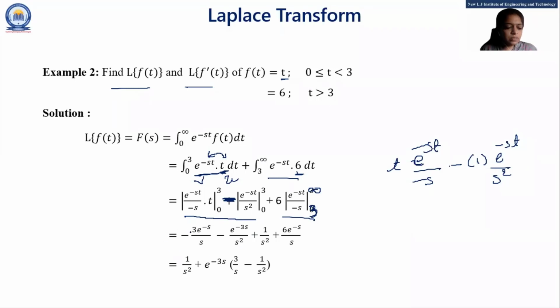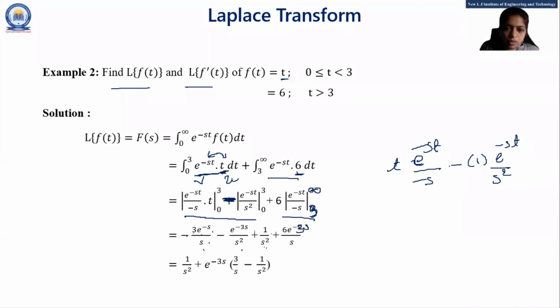After simplification, our answer is minus 3 e raised to minus 3s upon s, minus e raised to minus 3s upon s square, plus 1 upon s square, and plus 6 e raised to minus 3s upon s.